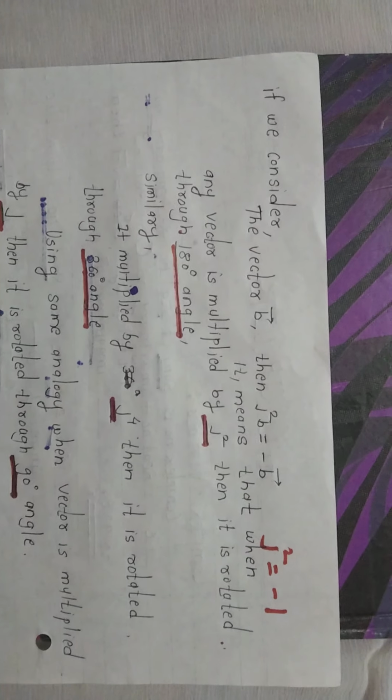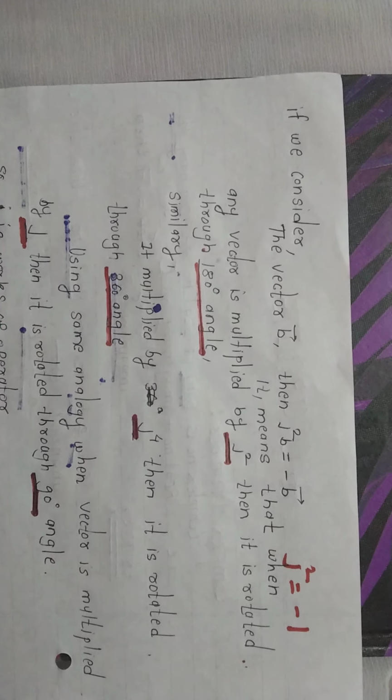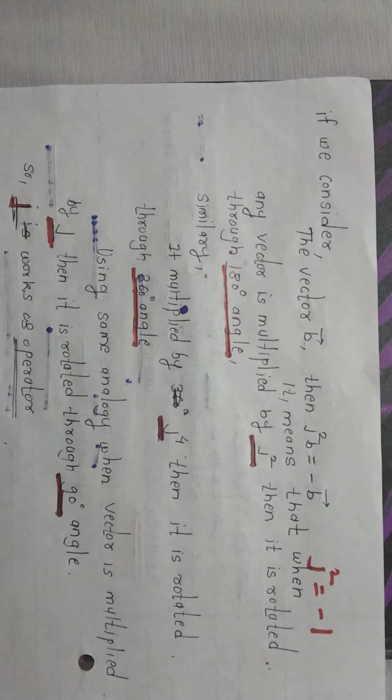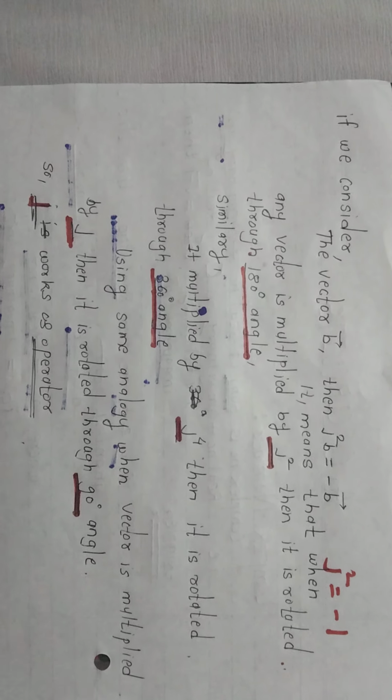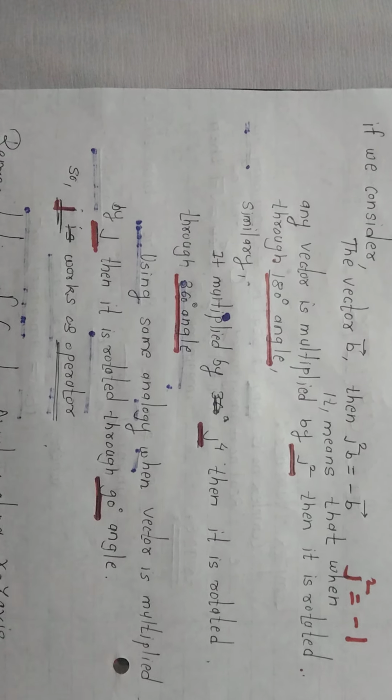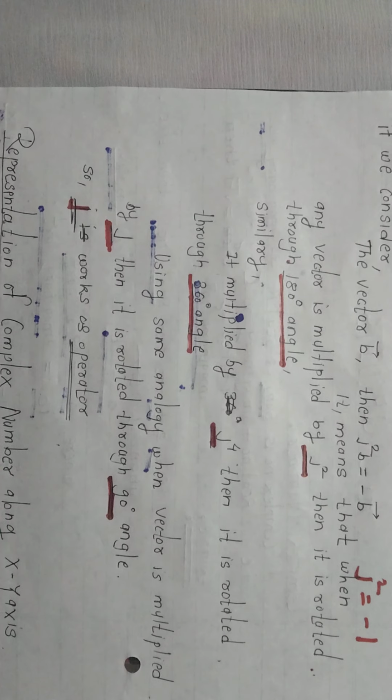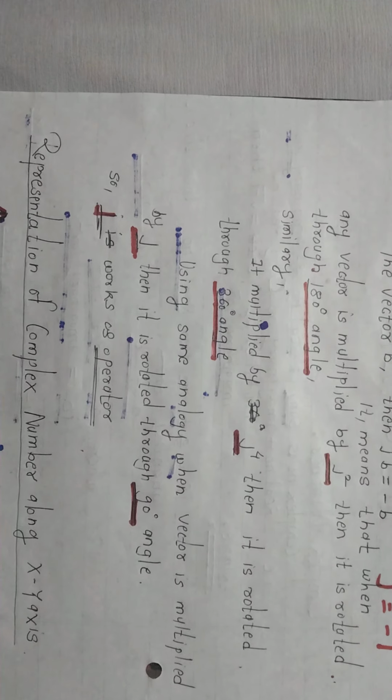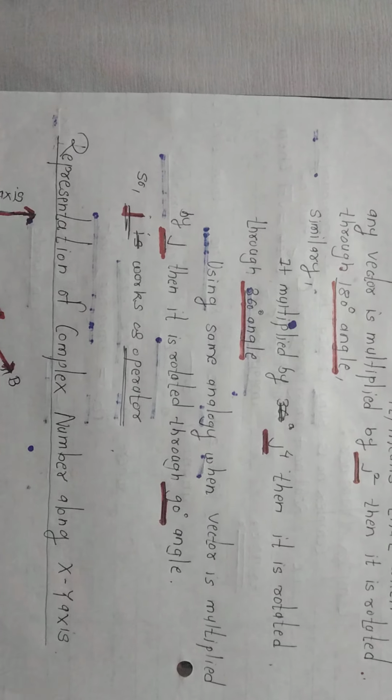If j square operates, the vector is rotated through 180 degrees, so j square b is equal to minus b. If multiplied by j fourth power, it is rotated through 360 degrees.